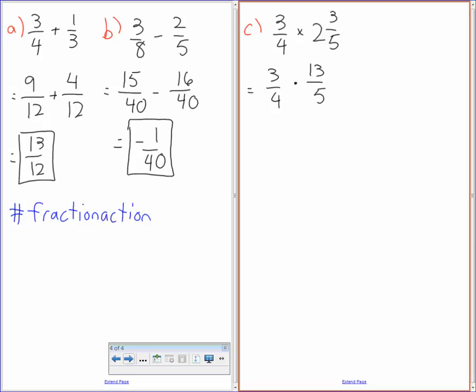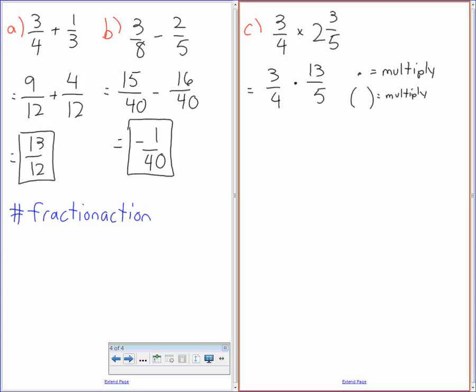And then plus 3 changes it to 13. Just as a reminder here, a dot means multiply. If I have 2 things in brackets, that also means multiply. Very rarely I'll do the x there.